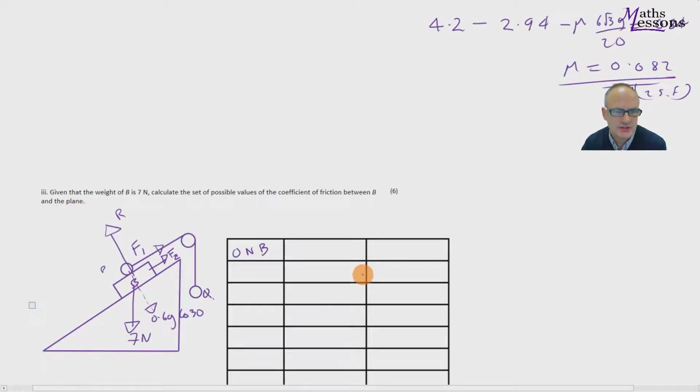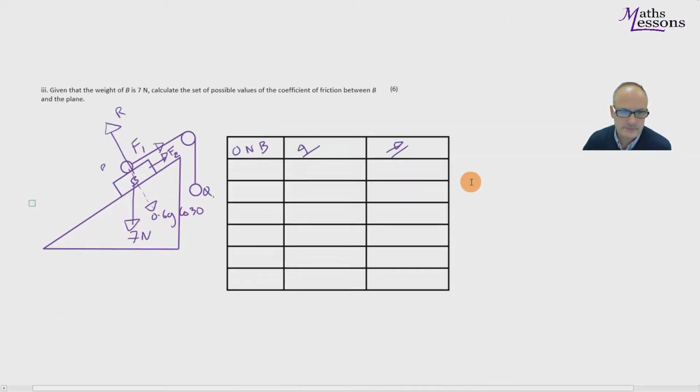So if we go perpendicular and parallel, we've got F1, F2, the 0.6 g cos 30, the 7 newtons, and R, and we've got our resultant. In this case, B is not moving, so the resultant force on it is going to be 0.